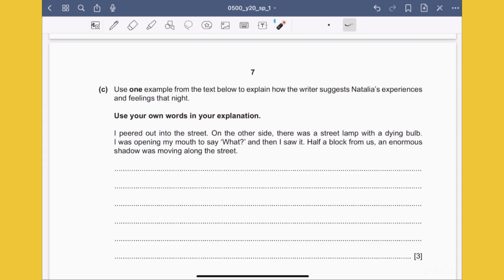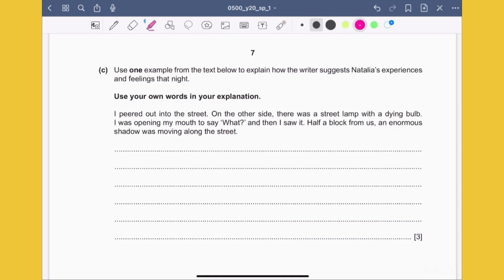It's a text which explains how the writer suggests Natalia's experience and feelings that night. So you're looking for a phrase or a word that is talking about her experience and feelings on that night. And you only have to choose one example.